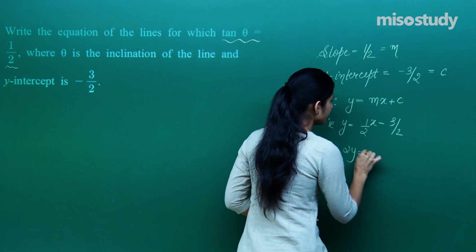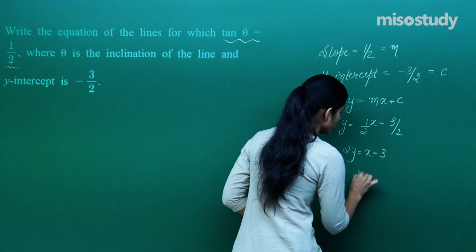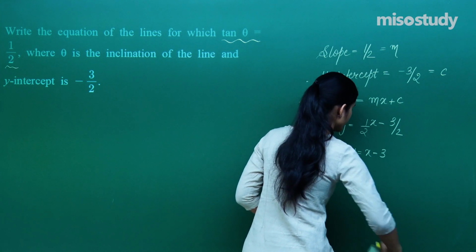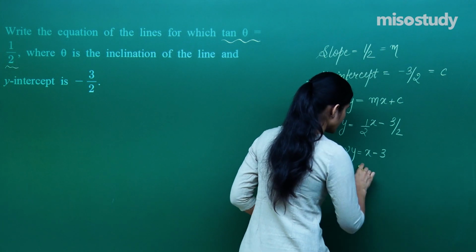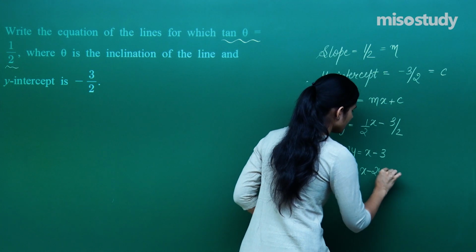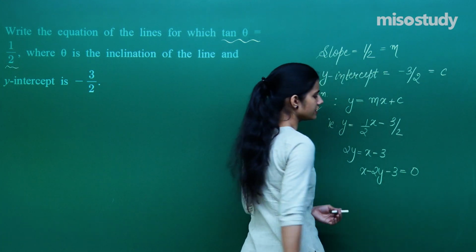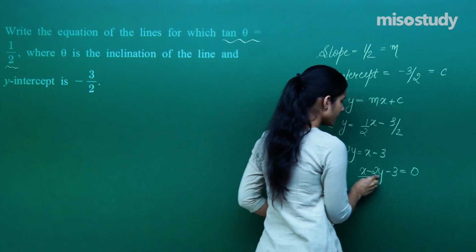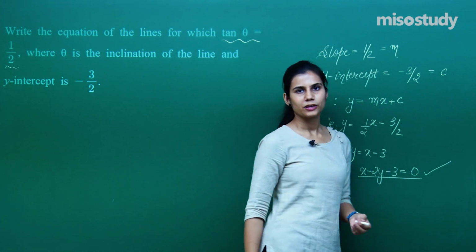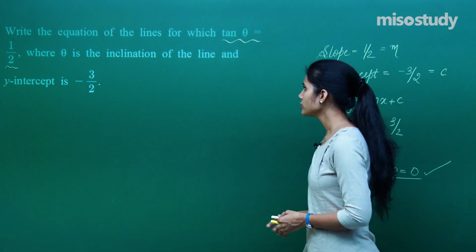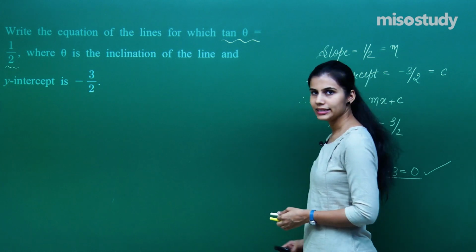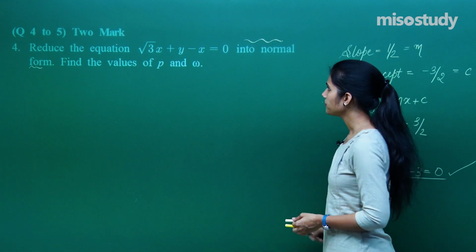This gives you 2y equals x minus 3, or let me write x minus 2y minus 3 equals 0. Ax plus by plus c equals 0, that's the very required equation of my straight line, which is having slope as 1/2 and y-intercept is minus 3/2.